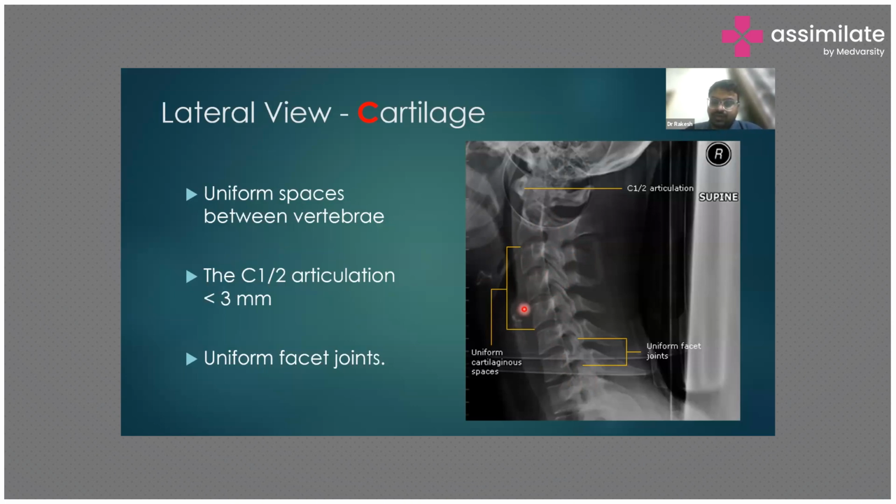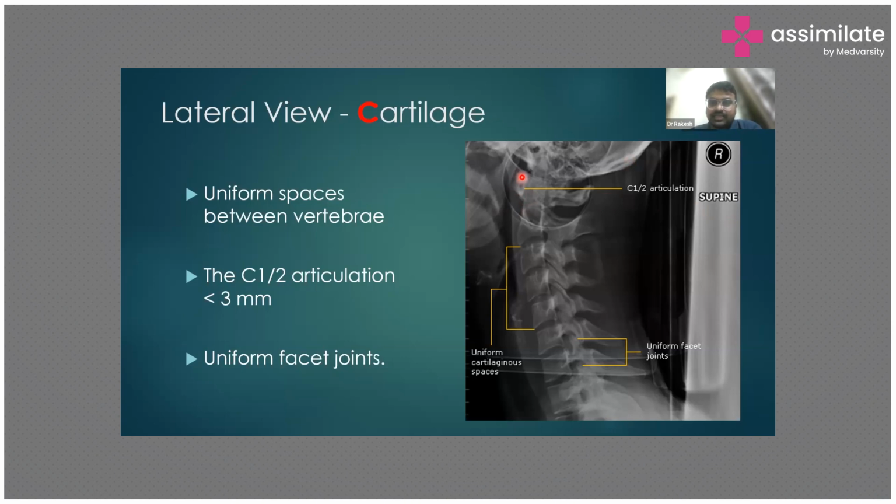Also, the distance between your C1 and C2 articulation should be less than 3 millimeters.